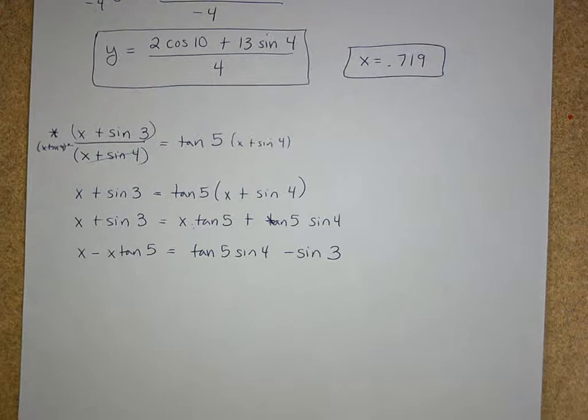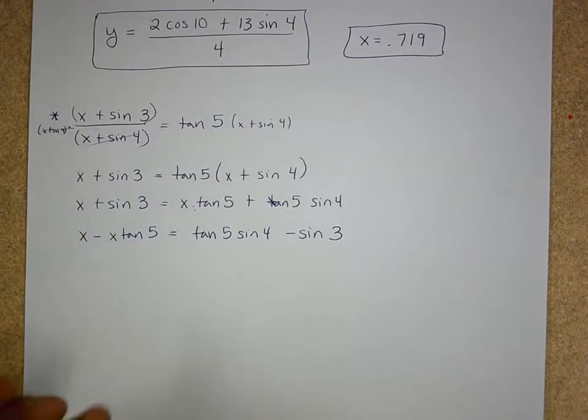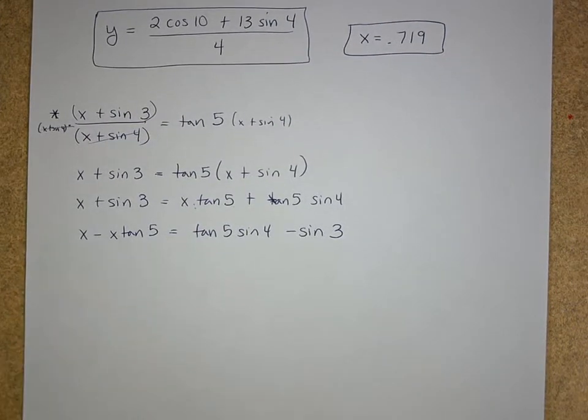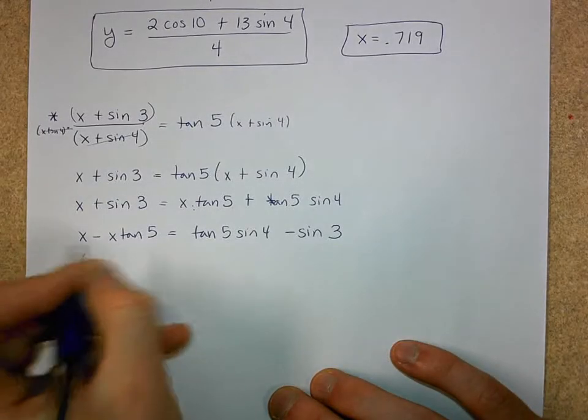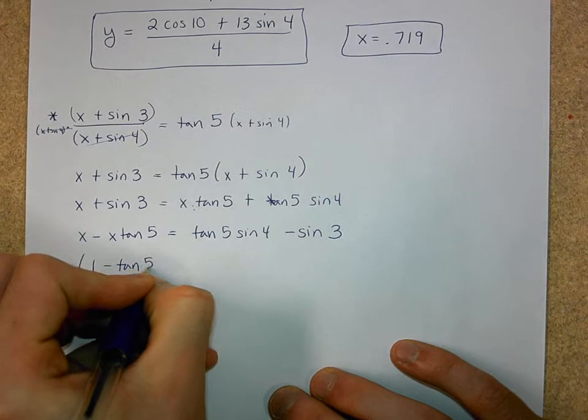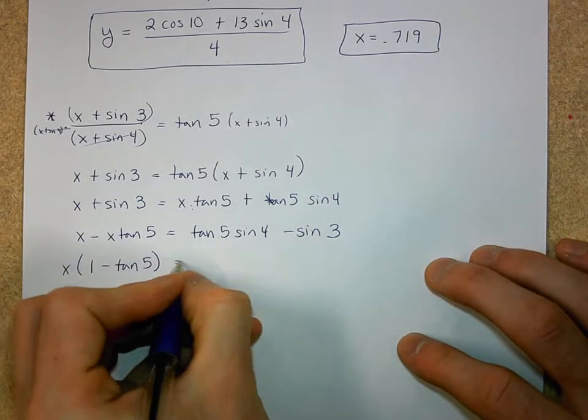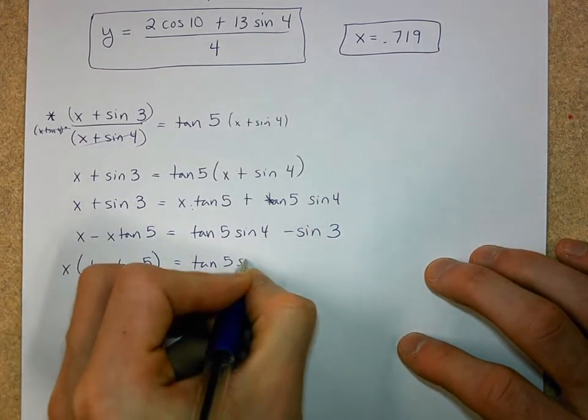And here's the big piece. On the left-hand side, I now have x minus x tangent of 5. A lot of people want to divide by tangent of 5 at this point. Can't do that yet. We first need to factor out an x. And now I've got 1 minus the tangent of 5.